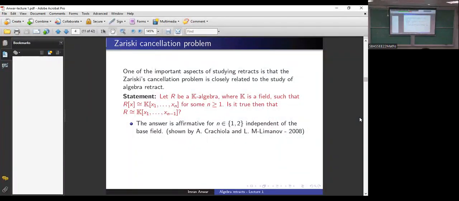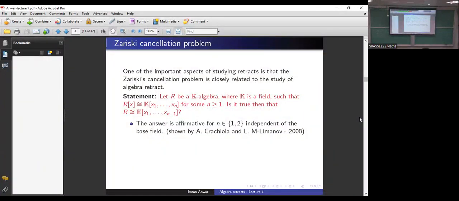This particular problem is exactly in this particular form, only for the polynomial ring. I don't know if there are other results if you replace the polynomial ring with formal or convergent power series. I have seen the problem only in this particular context. Probably there may be other variants that exist for formal power series.